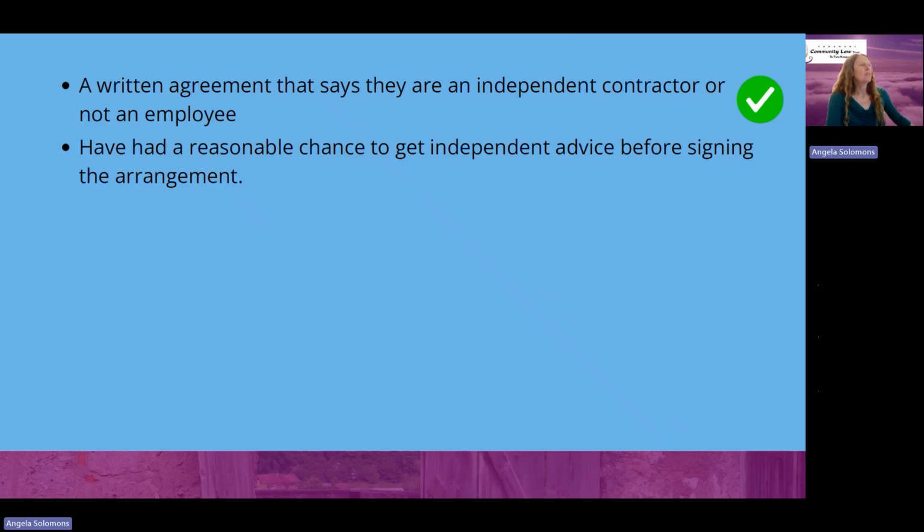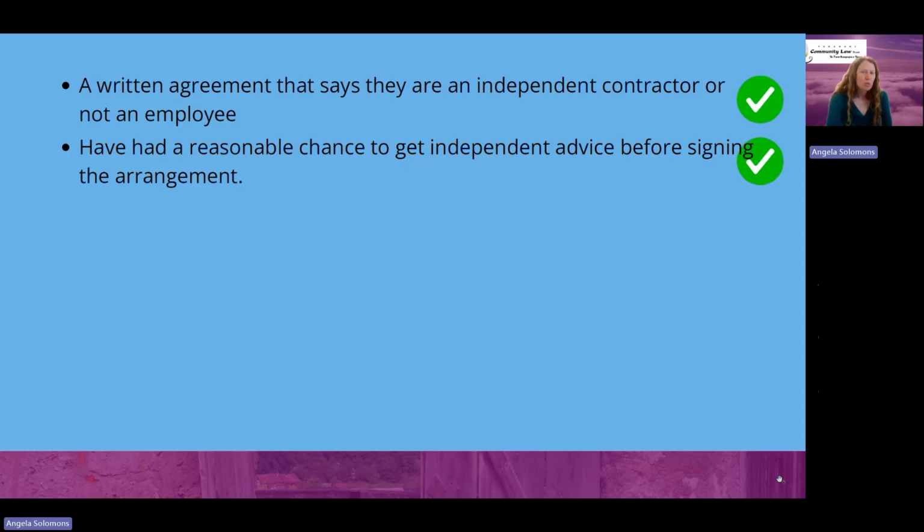What about if you have a reasonable chance to get independent advice before signing the arrangement? Hands up if you think this is one of the criteria. Yep, this one is as well. This one's quite interesting.